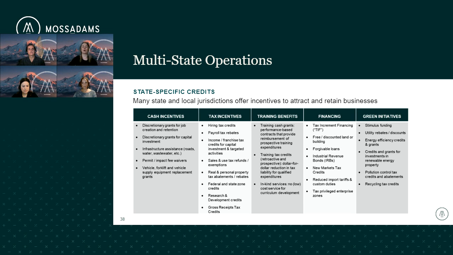And then, more commonly heard of these days, green initiatives. There's a big push for green initiatives. This could include things like stimulus funding, utility rebates, energy efficiency credits, credits and grants for investments in renewable energy property, pollution control tax credits, recycling tax credits, etc. There are a number of different types of opportunities.